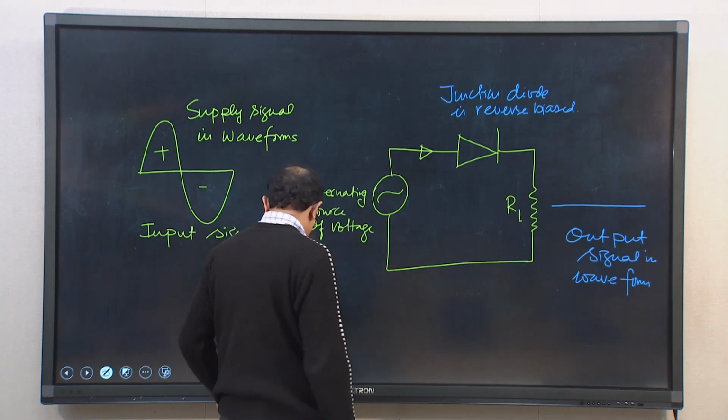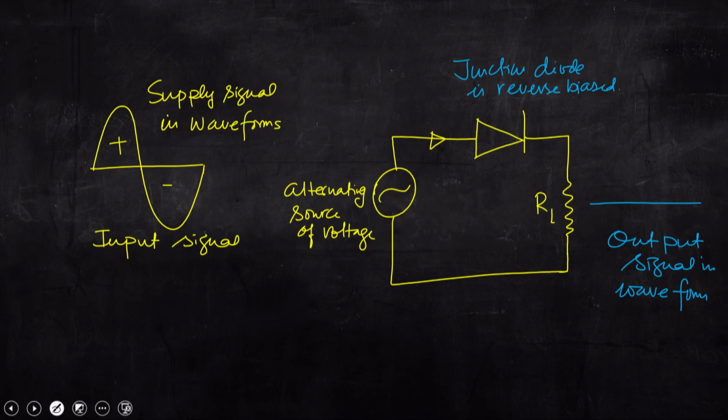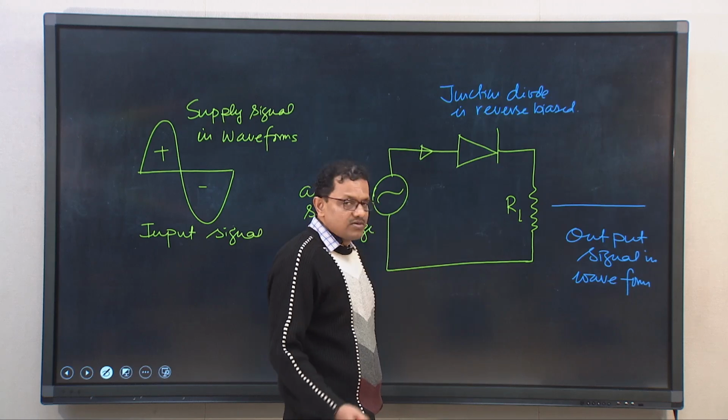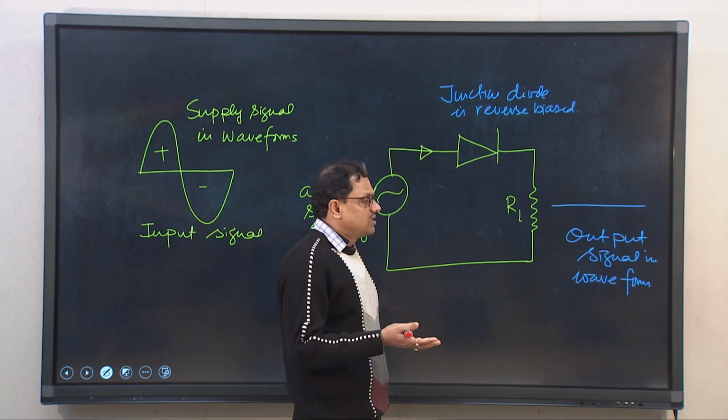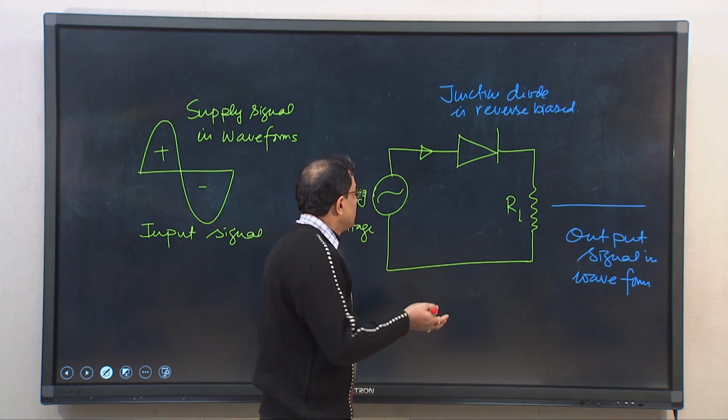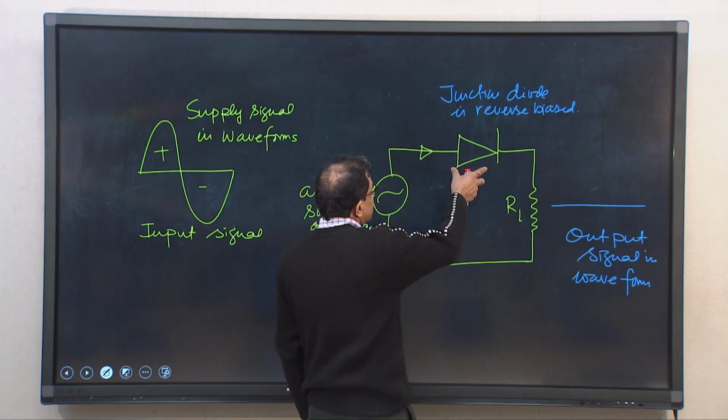So, now what we can see from this is that when plus voltage is on the cathode, it is reverse biased, and we have high resistance. So, in this case the junction diode is reverse biased.